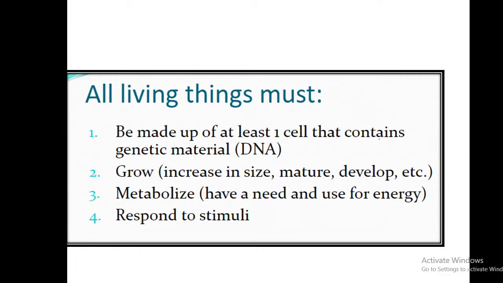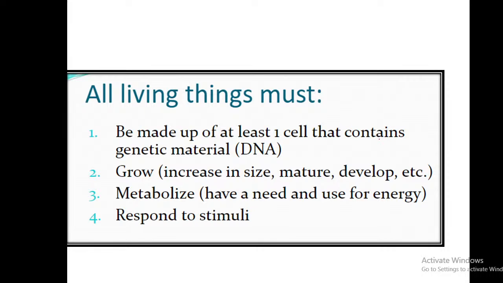ഇപ്പോൾ ജീവനുള്ള ഒരു ഓർഗാനിസത്തിന് കുറഞ്ഞത്, ഇതൊക്കെ ഒരു മിനിമം റിക്വയർമെന്റ് ആണ്. A living organism should have at least one cell, maybe multicellular too. There should be at least one cell that contains the genetic material. രണ്ട്, വളരാൻ കഴിവുള്ളതായിരിക്കണം. ചെടി വളരുന്നു, കുഞ്ഞുങ്ങൾ വളരുന്നു. It should be able to grow. Third, മെറ്റബോളൈസ് ചെയ്യണം. കിട്ടുന്ന ഫുഡ് സോഴ്സ് ബ്രേക്ക് ഡൗൺ ചെയ്ത് എനർജി യൂട്ടിലൈസ് ചെയ്യാൻ കഴിവുണ്ടായിരിക്കണം.